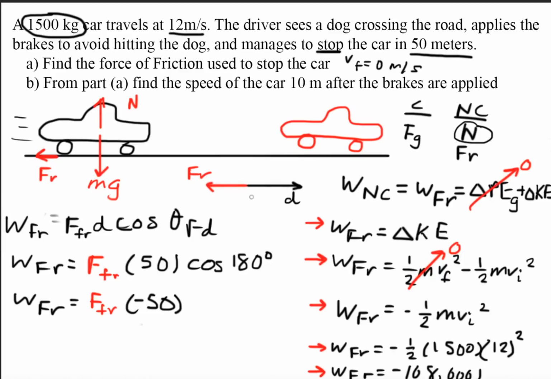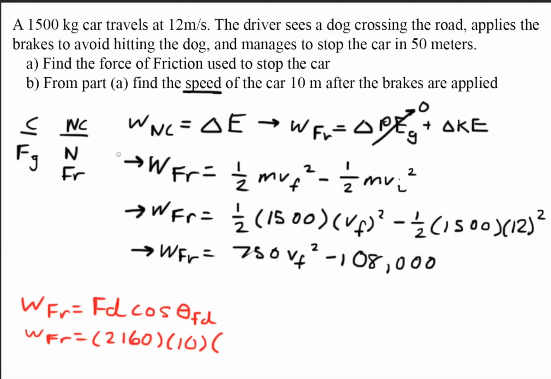The force of friction is acting to the left, and the angle it forms is 180 degrees, so it's the cosine of 180. If we continue to solve this, the work done by friction is equal to negative 21,600 joules.